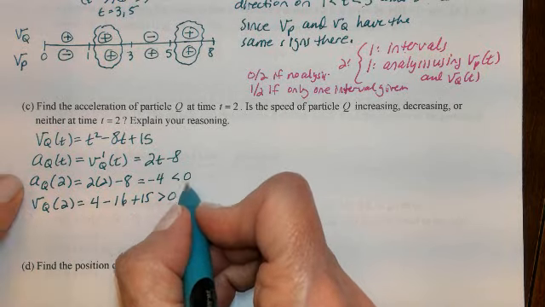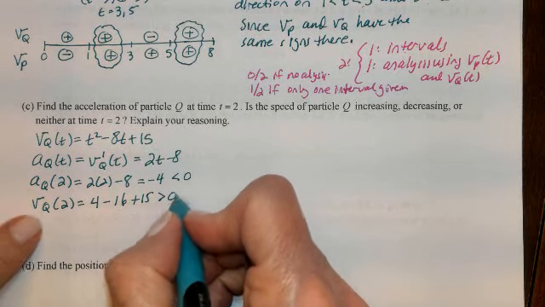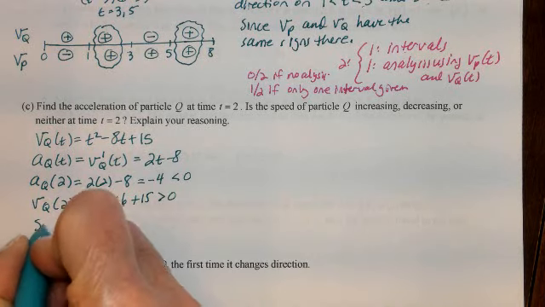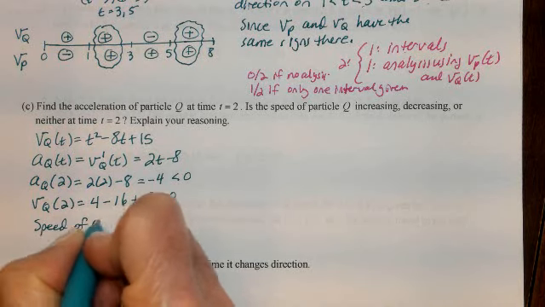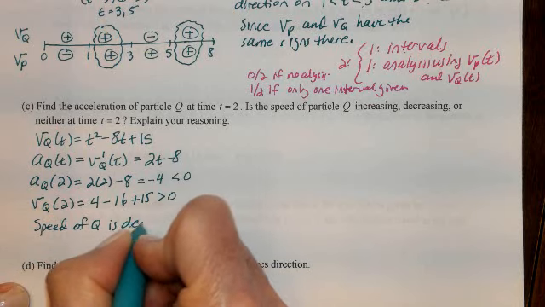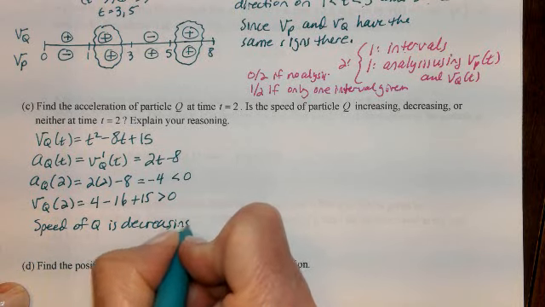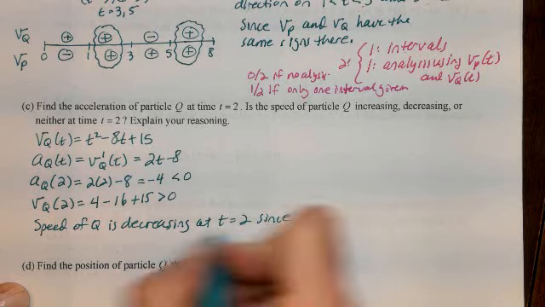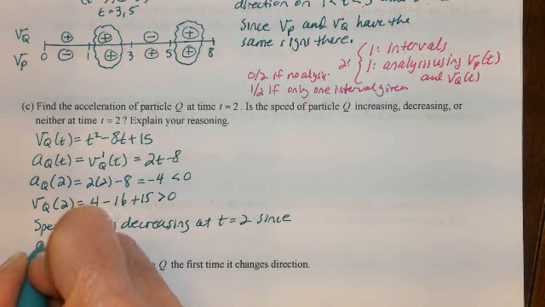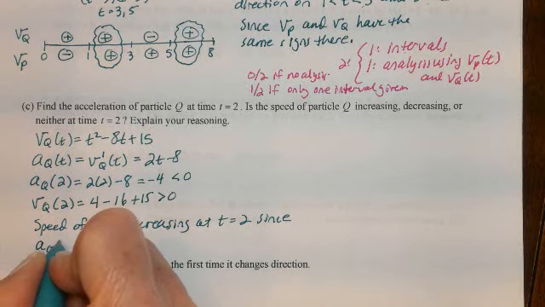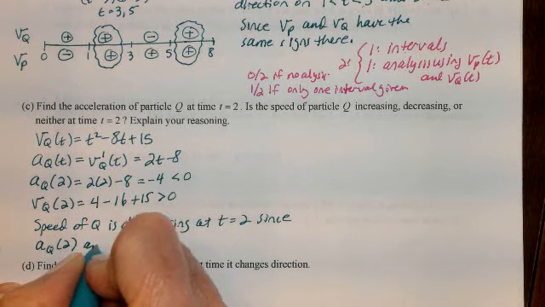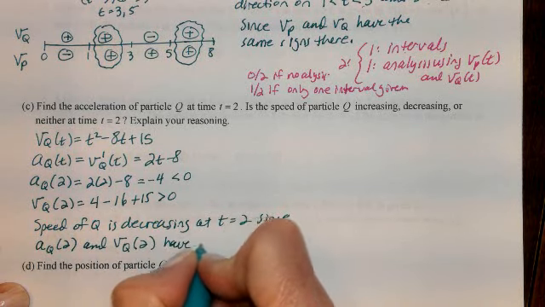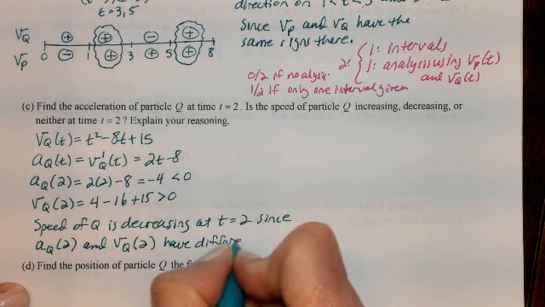So acceleration is negative, velocity is positive, so the speed at time 2 is decreasing. So speed of q is decreasing at time 2 since a sub q, the acceleration at 2, and the velocity at 2 have different signs.